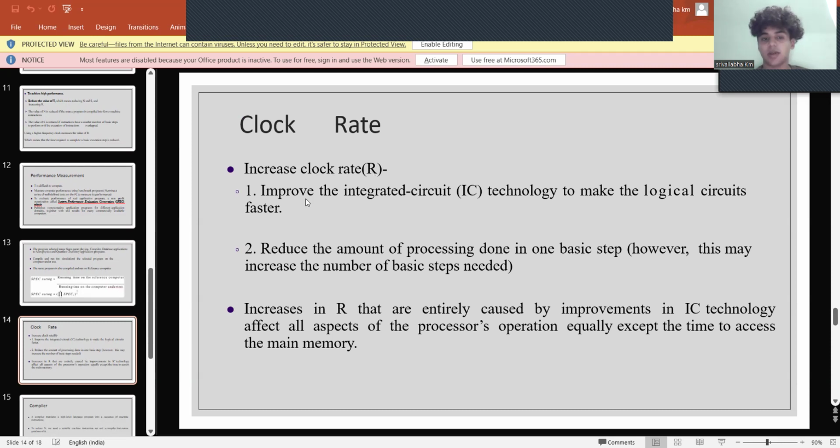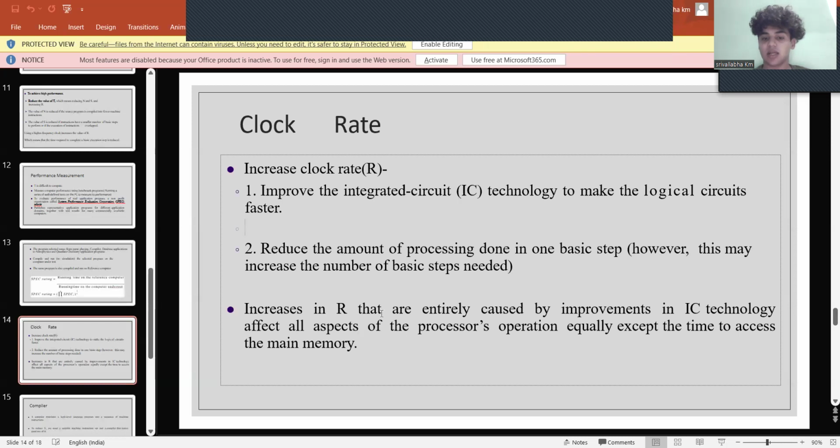How to increase the clock rate? Improve the integrated circuit, or IC, technology to make the logical circuits faster and reduce the amount of processing done in one basic step. However, this may increase the number of basic steps needed.